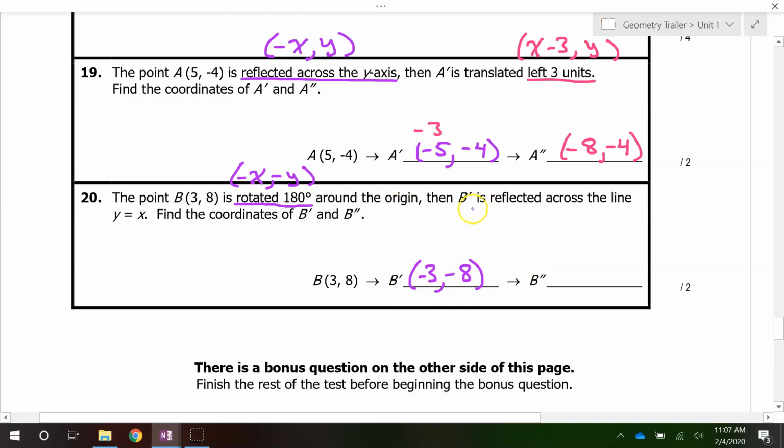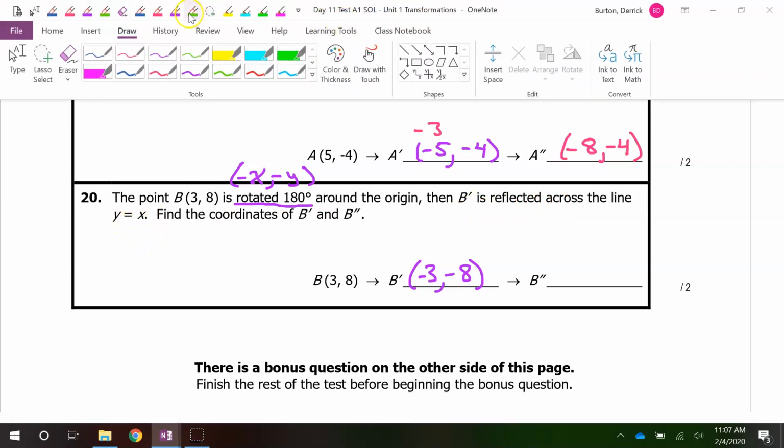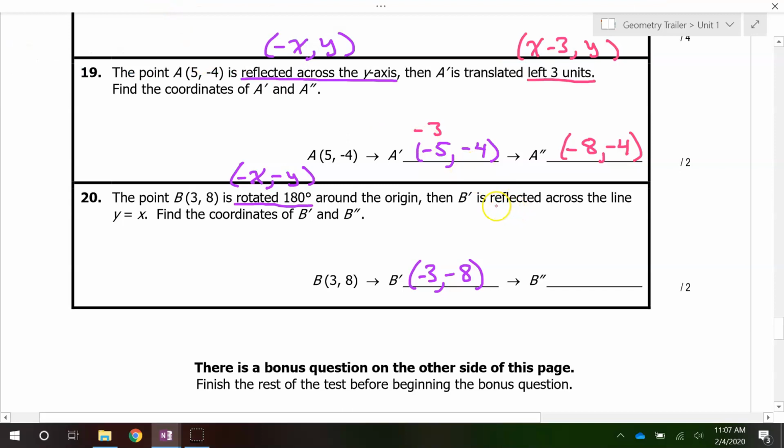Okay? Now we need to reflect across the line y equals x. But the rule for that, okay, reflecting across the line y equals x, that's y, x. So y is -8 and x is -3. And that is the final answer.